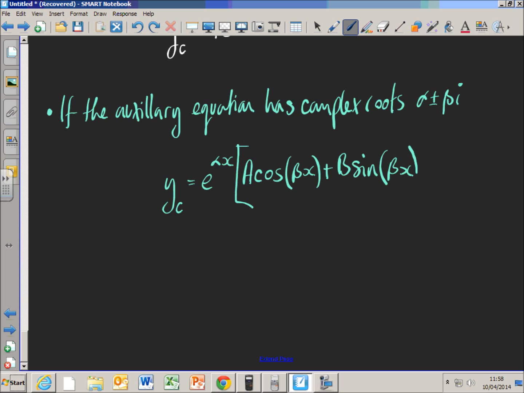Beta x. Excellent. Okay, and that's it really. Other than we didn't do any examples where we had boundary conditions, but that's the same as all the other questions, isn't it? Where you sub in and try to find out what the constants are.